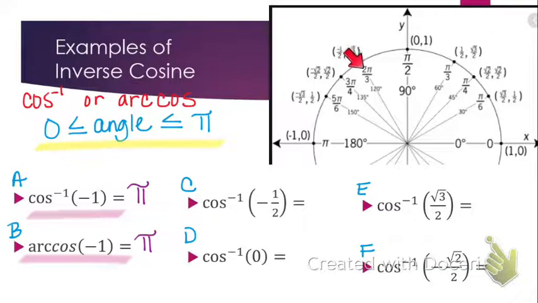So my angle is 2 pi over 3. What angle has a cosine of 0? That would be right here. So my answer is pi over 2.